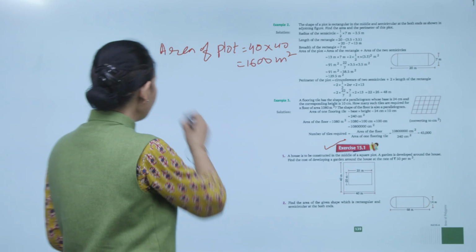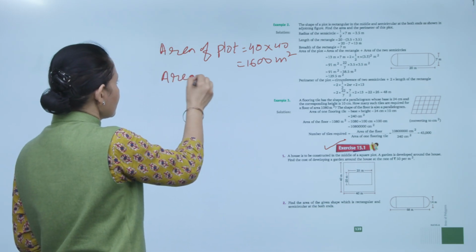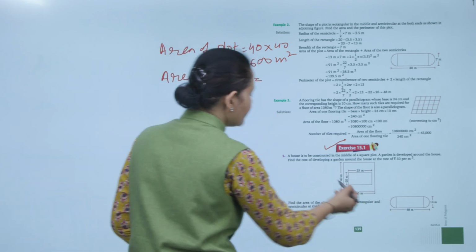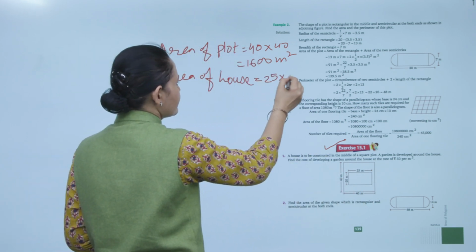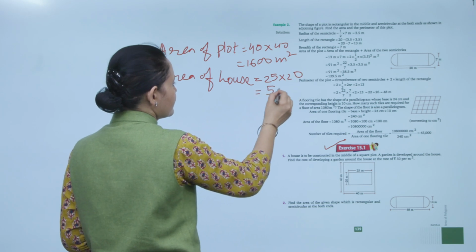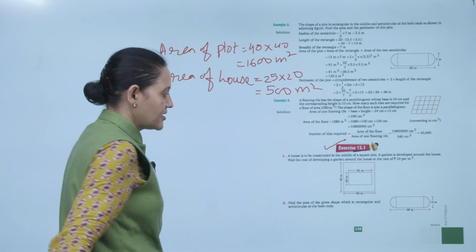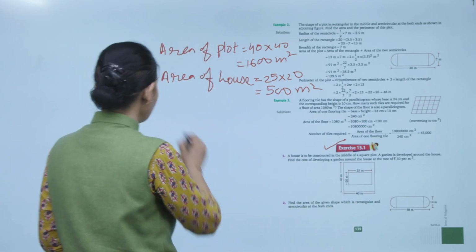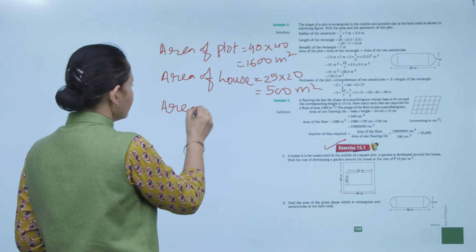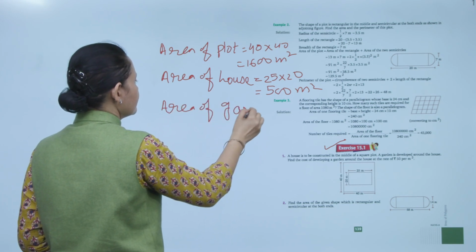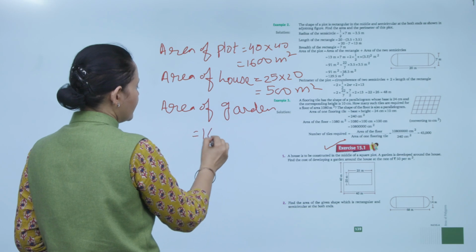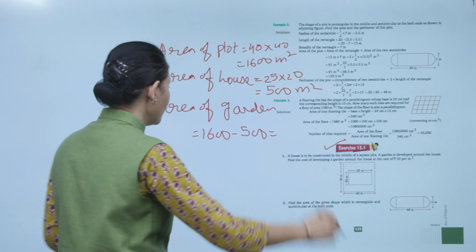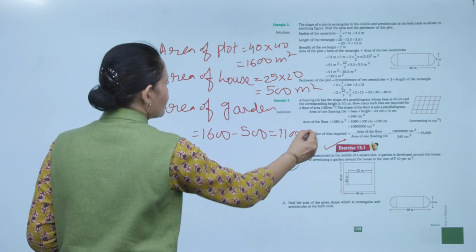Now we'll find out the area of the house. Area of house is equal to 25 into 20, 500 meters square. 25 length है and 20 breadth. Clear? Now area of garden is 1600 minus 500, that is equal to 1100 meters square.